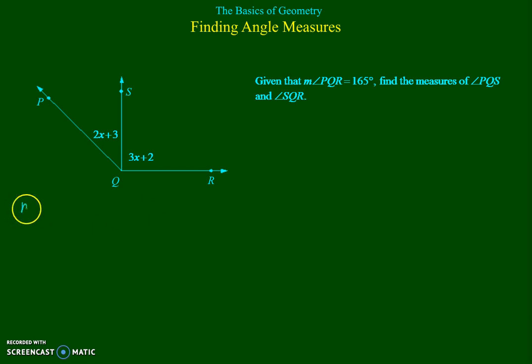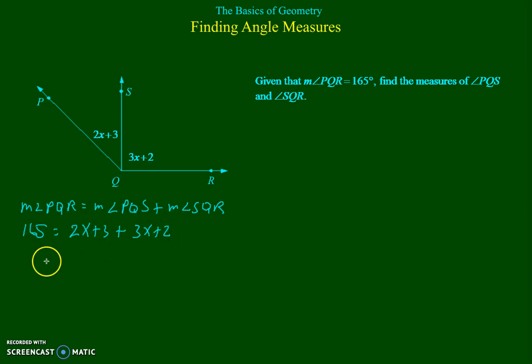The measure of angle PQR equals the measure of angle PQS plus the measure of angle SQR. We know that PQR is 165, and that equals PQS, which is 2x plus 3, plus 3x plus 2, angle SQR.